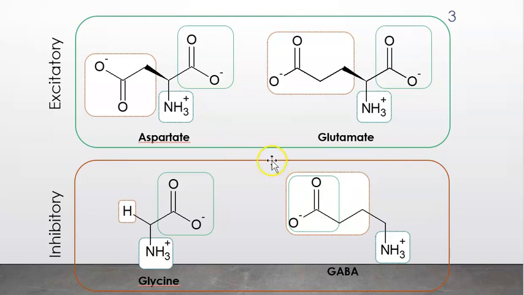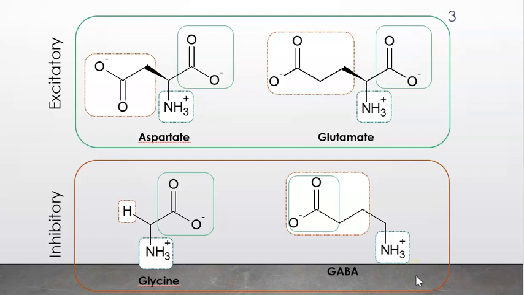If we're looking at all of these neurotransmitters, we can see that we've got the groups that signify them as being an amino acid, and then we've got our R groups, circled in dotted red, which is what makes them different from each other. Now, if you're looking at GABA, you'll notice it's a little different.